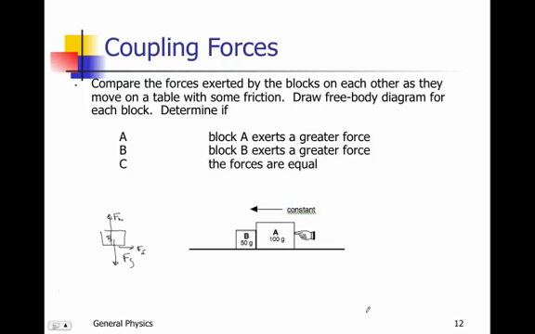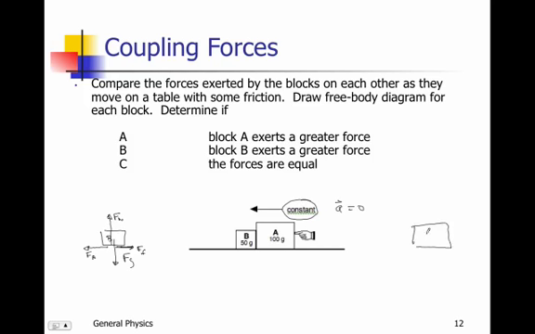And then it feels a push from block A. The velocity is constant, so our acceleration is 0. So we know that the net force on this block has got to be 0. That means the force it feels from A has got to be equal and opposite, even though it doesn't quite look like it, to the force of friction.